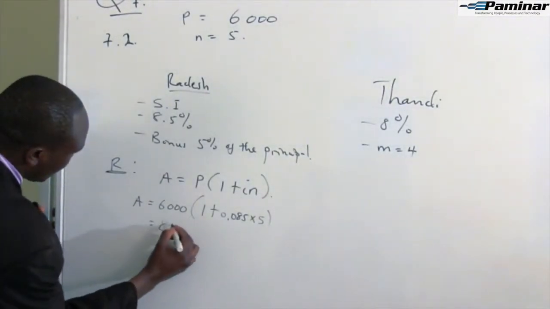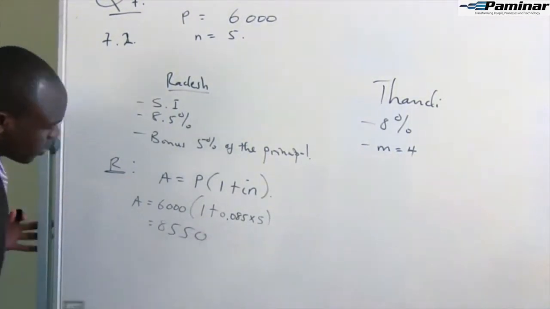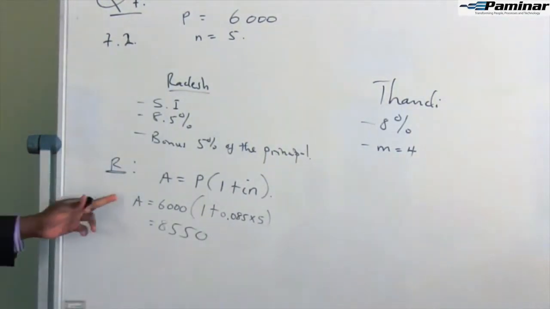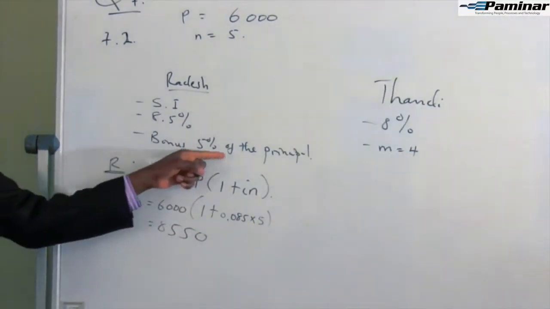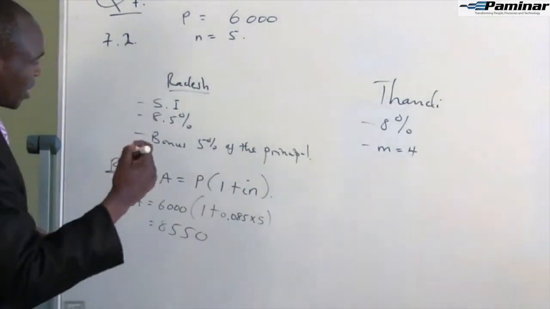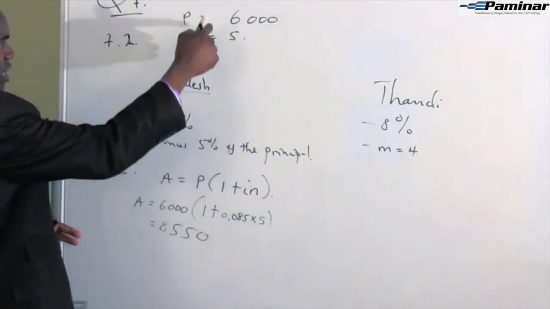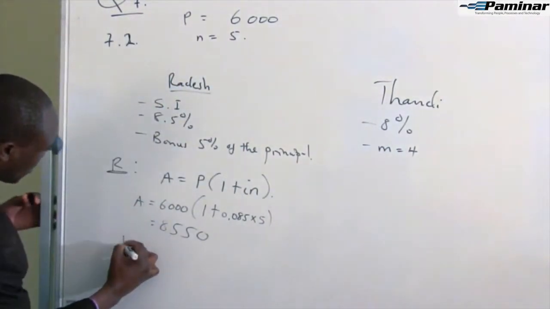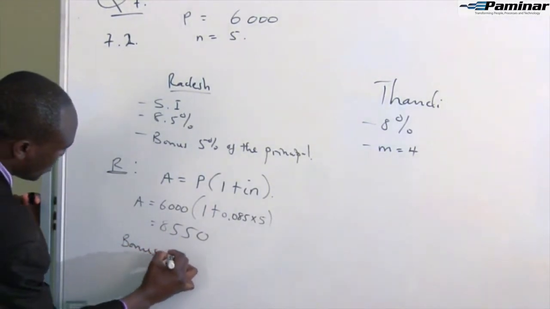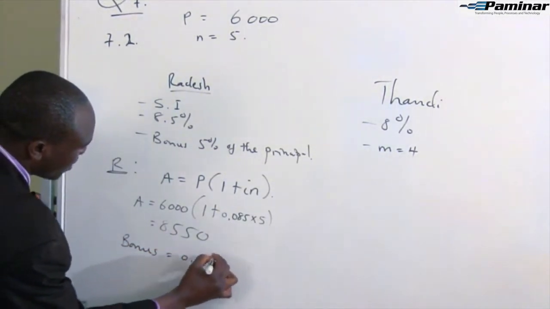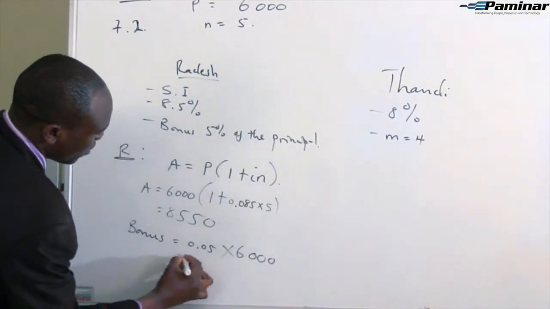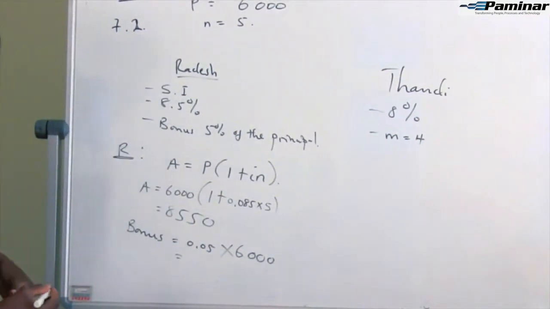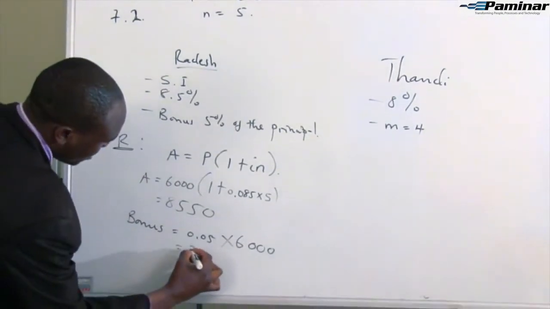Yes, that's it. 8,550. But remember, this is the amount of money that he is going to get after investing 6,000. But remember, he has got a bonus. What is the bonus? 5% of the principal. So bonus also is 0.05 times 6,000, giving you 300.